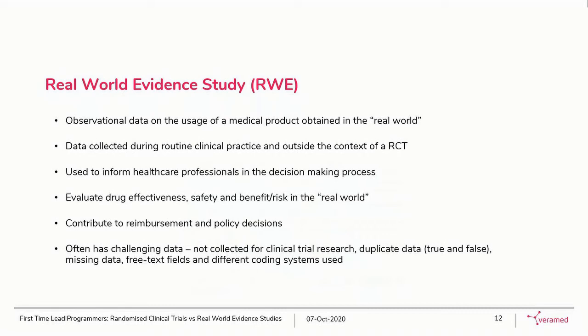The study team would need to make decisions as to how they will deal with these types of data issues to ensure it's being applied consistently over multiple datasets. There is often missing data and free text fields, which can make summarizing the data extremely challenging. Different coding systems can also be used in different countries, so the statistics and programming team may need the help of the wider clinical team to align this data.